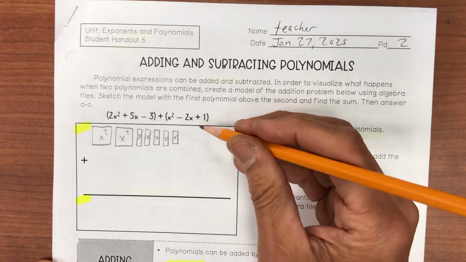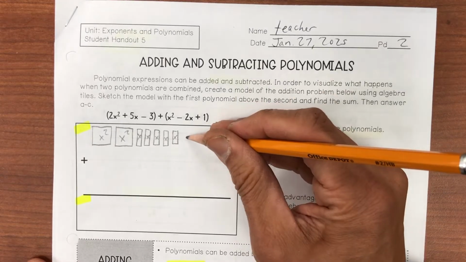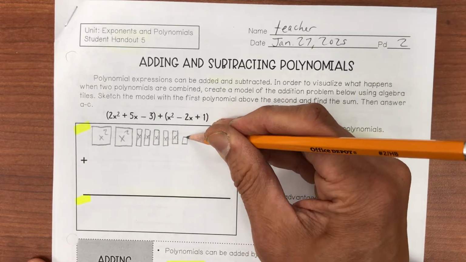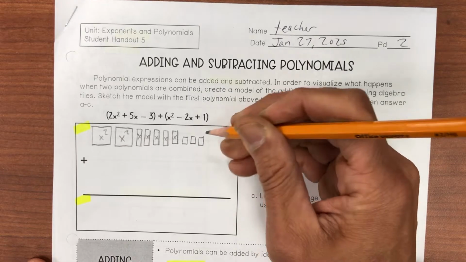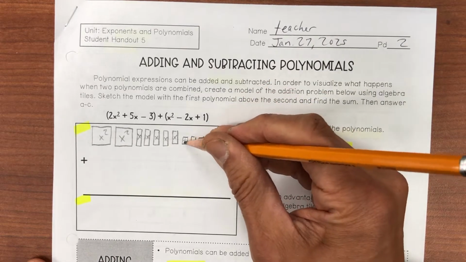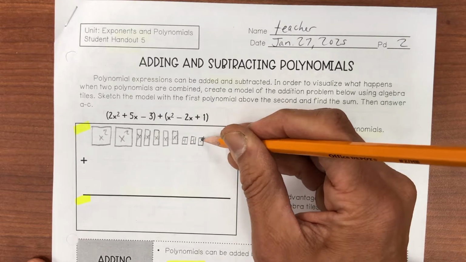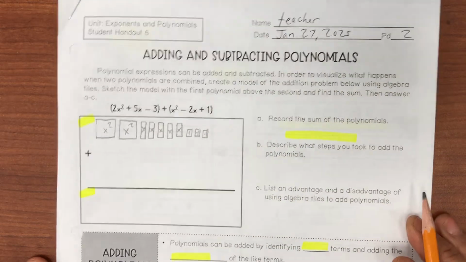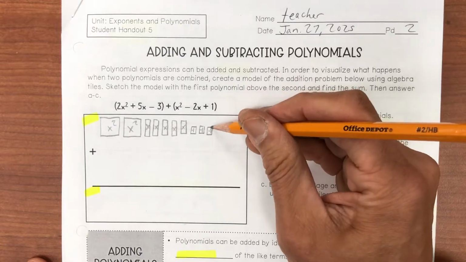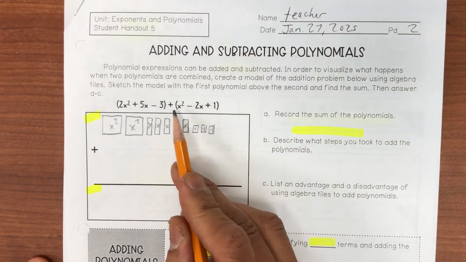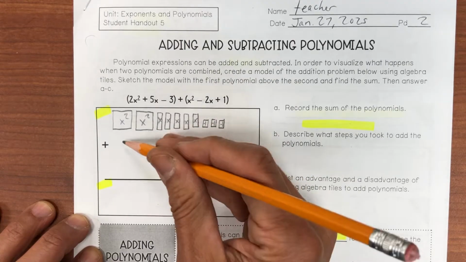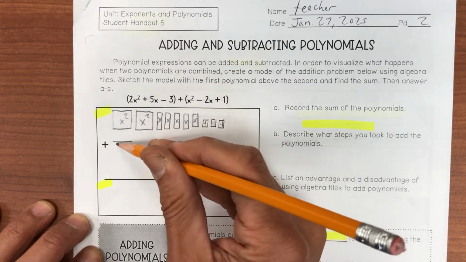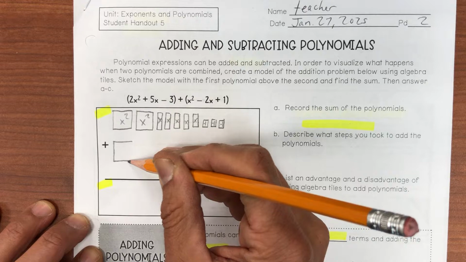And then we have minus 3. So minus 3 smaller ones. This is a -1, a -1, and a -1. I hope that's clear enough. And now we can add it to the second polynomial. And that one, we have one of these big x squared blocks.